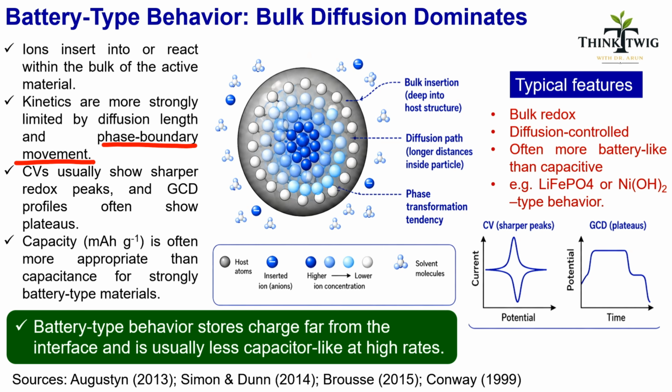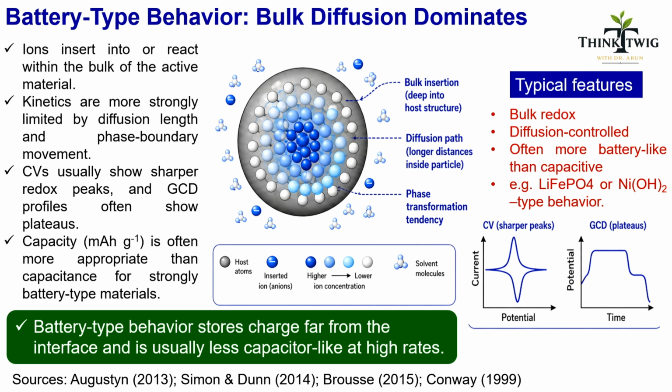Movement of phase boundaries may matter, and compared with highly capacitive response, kinetics become more strongly limited by what is happening inside the solid. So electrochemical signatures tend to become different. The CV may show sharper redox peaks, and in galvanostatic charge discharge, or GCD, the voltage profile can develop more obvious plateau regions.